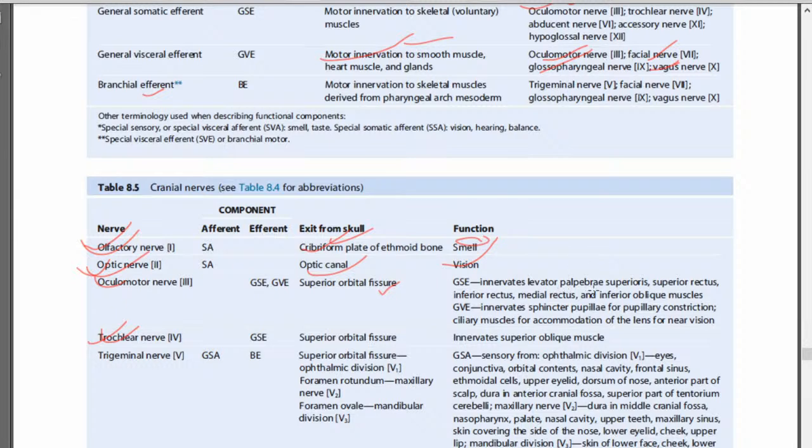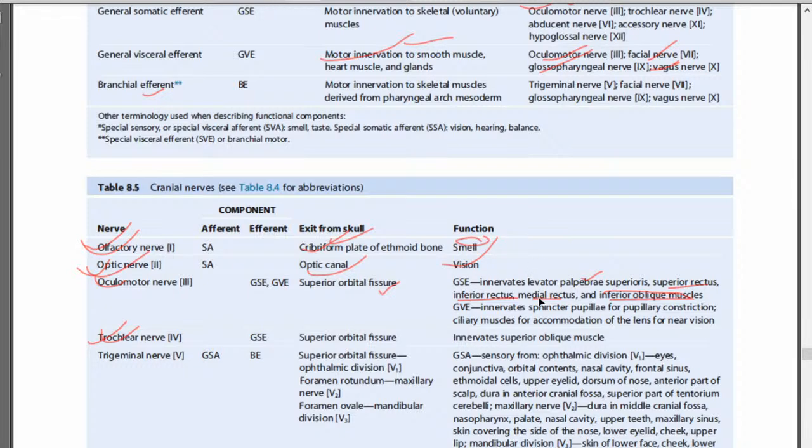It supplies the levator palpebrae superioris, superior rectus, inferior rectus, medial rectus, and inferior oblique muscles. These are the muscles of the eye, so those are general somatic efferent.